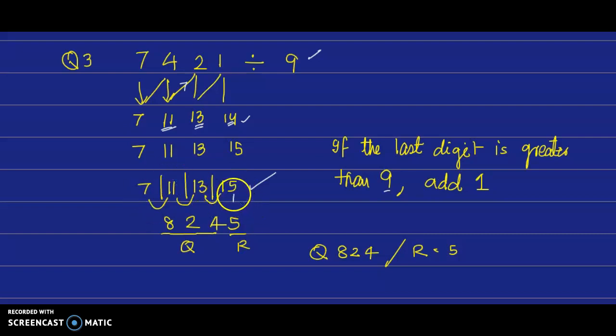First write this 5, and then 3 plus 1, 4, write down 4, 1 plus 1, 2, write down 2, and 7 plus 1, 8. So you get 8245. So the last digit is the remainder and the first 3 digits are the quotient.